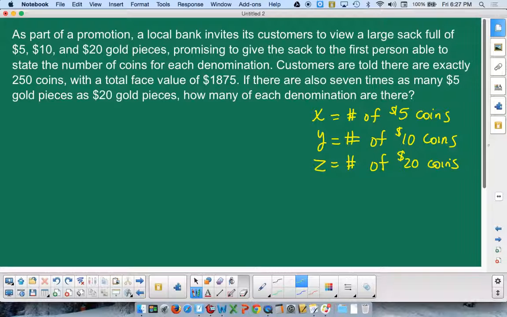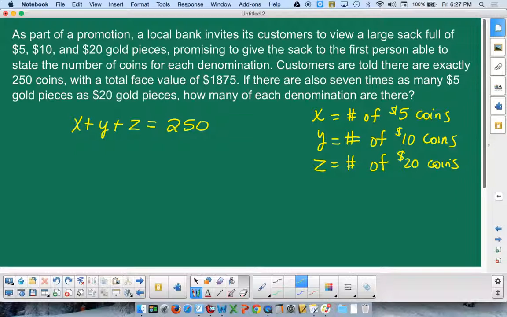Okay, so we need to tear this apart. We need 3 pieces of information. I believe the key factors start with the words, customers are told the following things. There are 250 coins. Okay, so what's an obvious equation? Yes. X plus Y plus Z must equal 250. You total up your coins, you got 250 coins. Okay, second one looks not too bad also.